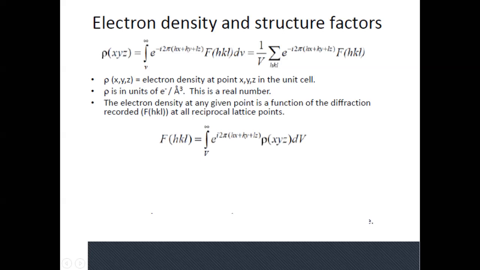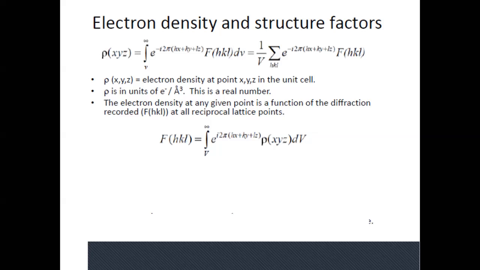So the electron density at any given point is a function of the diffraction recorded, which is the structure factor F of HKL at all the reciprocal lattice points. So if we know the electron density and the HKL indices, we can calculate the structure factor. And this is where we'll get in a little while to what we call the calculated structure factor, because now that you've assigned electron density to it, you can actually use the indices to find the structure factor.